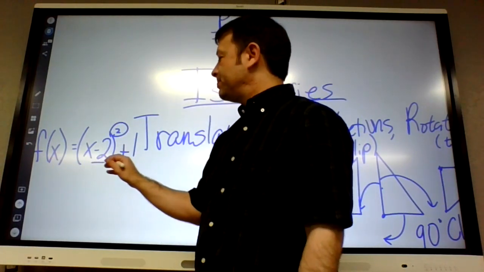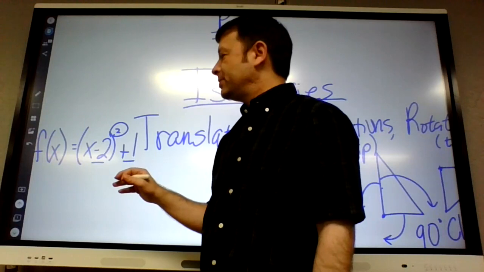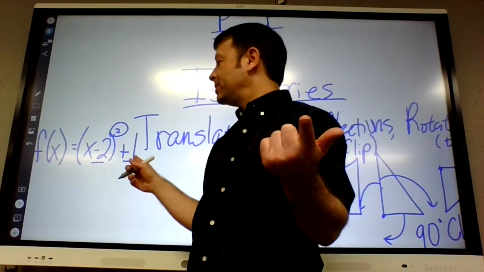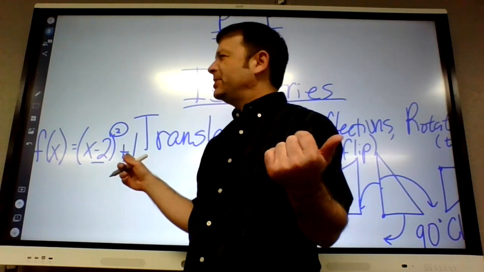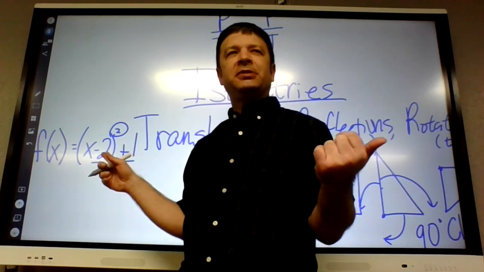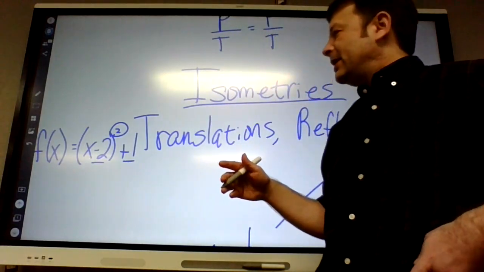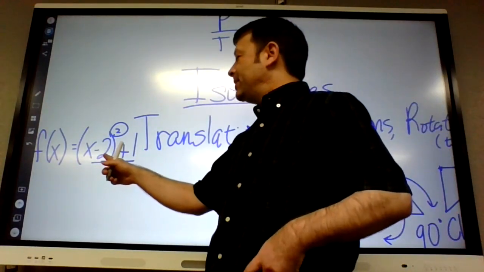And what do the -2 and +1 do to the graph? Right 2, up 1. We didn't do that this year, did we? Not in geometry, that's last year. It moves the graph right 2 and up 1.